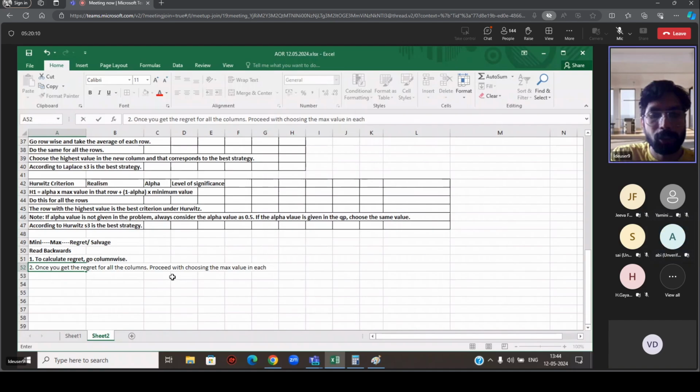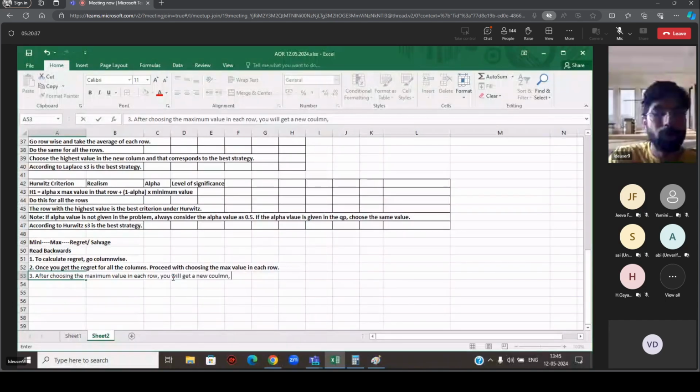Choosing the maximum value in each row, you will get a new column. In that, choose the minimum value.